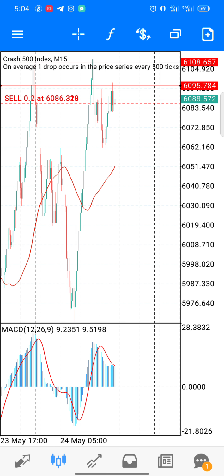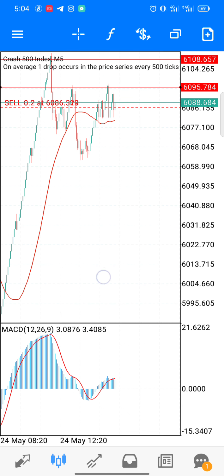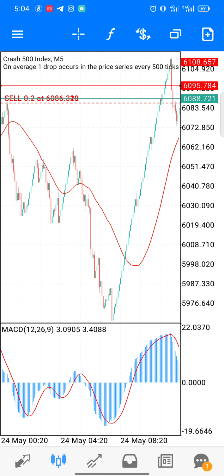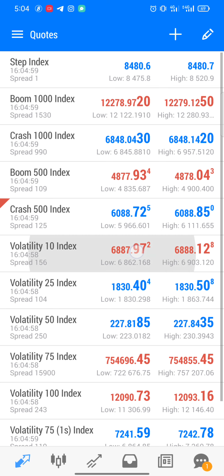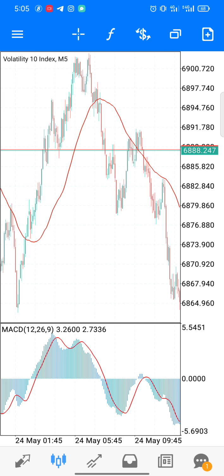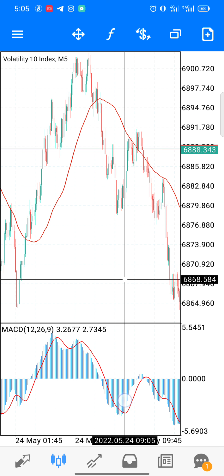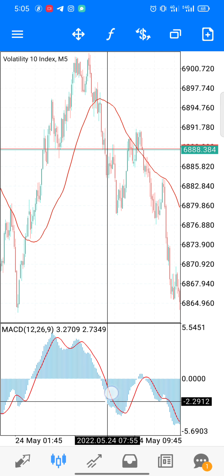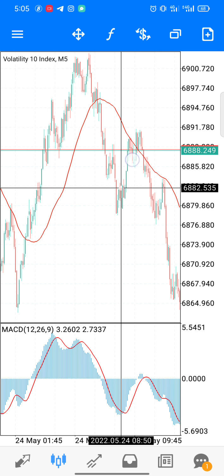So guys, the major point is that a lot of you might not be able to analyze the market like this. Just simply use the indicator, and then find time to start learning price action. It will really help you. You can see the indicator is working, most especially for Step Index and Volatility indices, whereby you just wait for it to cross above, and then the MACD is below the zero level.